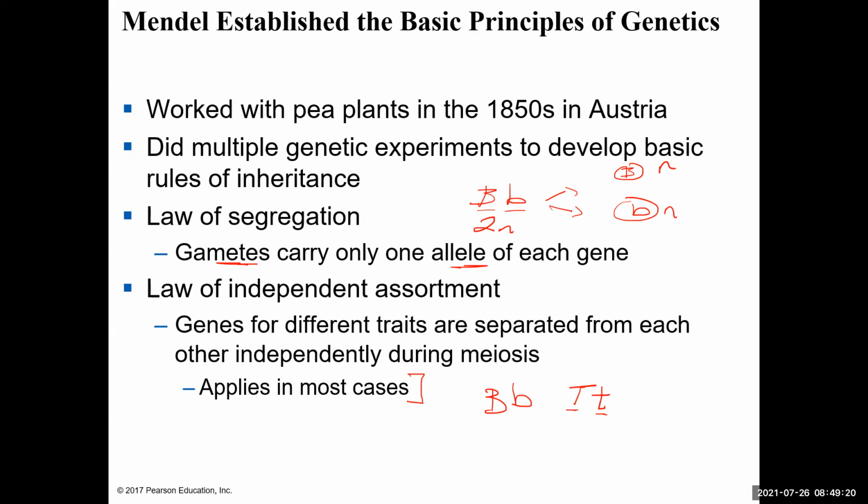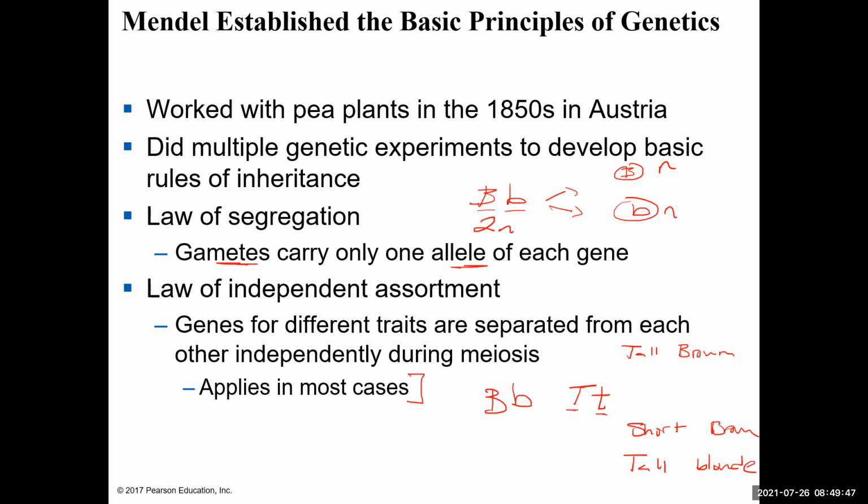Now, if you are a tall individual with brown hair, your offspring isn't necessarily going to be tall with brown hair. Your offspring could be short with brown hair, or they could be tall with blonde hair.